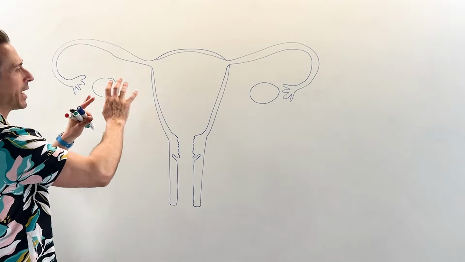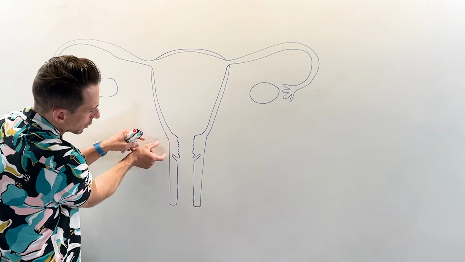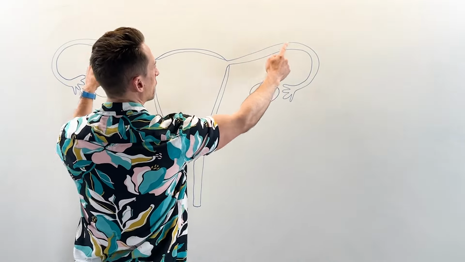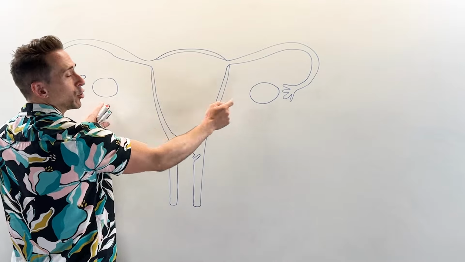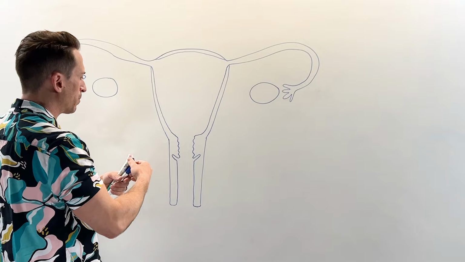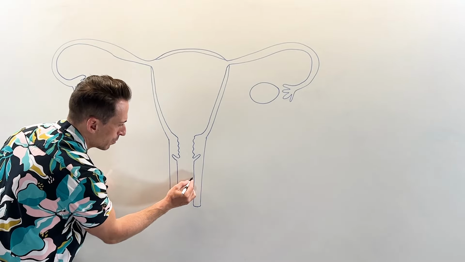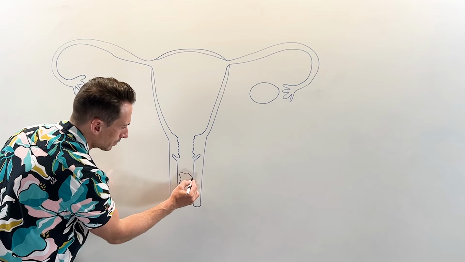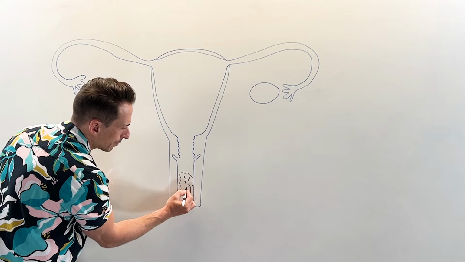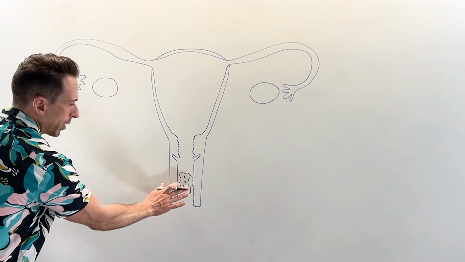So what we've got here is an overview of the female reproductive tract, where we've got the vagina here, we've got the cervix here, we've got the uterus here, and we've got the uterine tubes, also known as the fallopian tubes here, and here we have the two ovaries. So in regards to where we're at in the whole process, sperm has been deposited within the vagina of the female. Now remember, sperm is deposited in semen, and you're going to have approximately 500 million sperm deposited within this semen. All right, that's where we're at in that process.